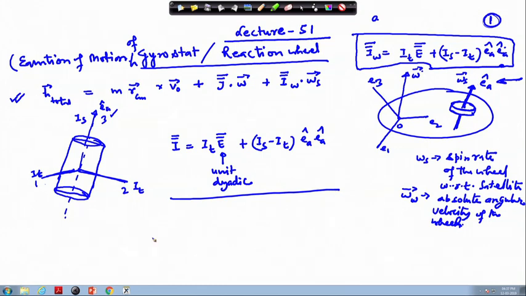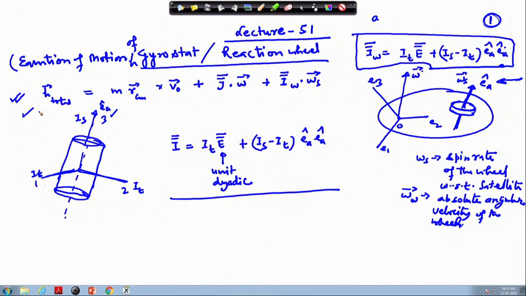I have solved this in the solution to that assignment, so I am not working on it here. Now, given this system, we need to find the equation of motion for this system.